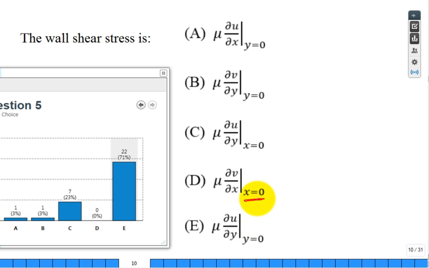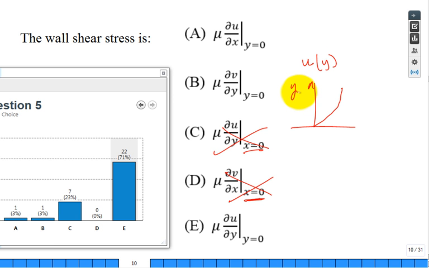So x equal to 0 would be at the leading edge, which is the wrong location, so those are out. Then it's how the component of the velocity in the x direction, u, changes as I move further away from the plate in the y direction. So it's not a v. What is v? V is the y component. No, so that's garbage there.